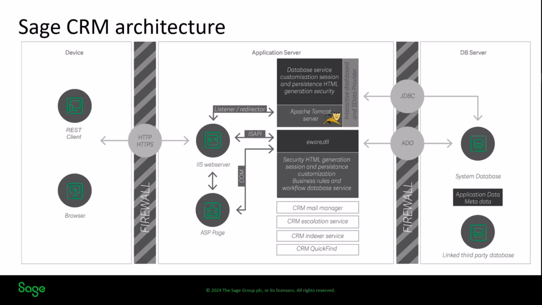And what's true for the ASP pages is true for the .NET application extensions as well. The ASP pages are seen as part of the COM-based side of the application. So it's working with the main ISAPI DLL, the eWare DLL, rather than with the Java-based technologies.